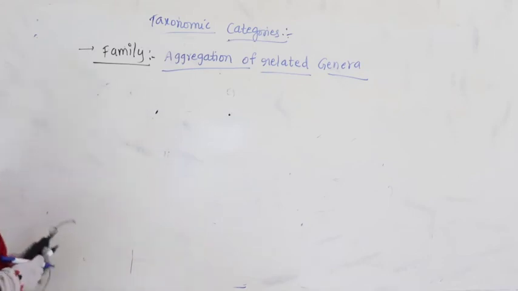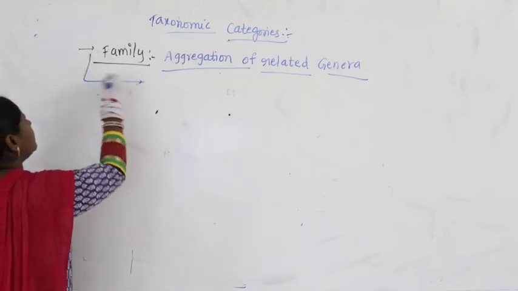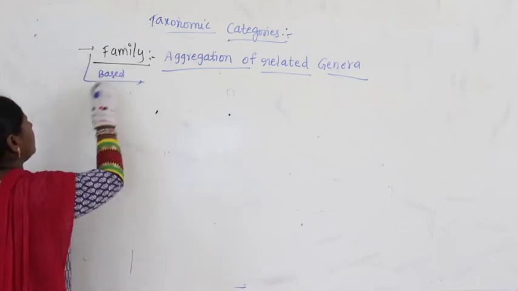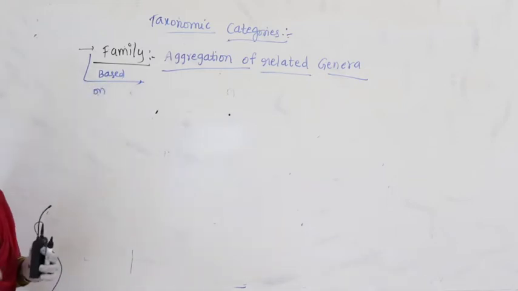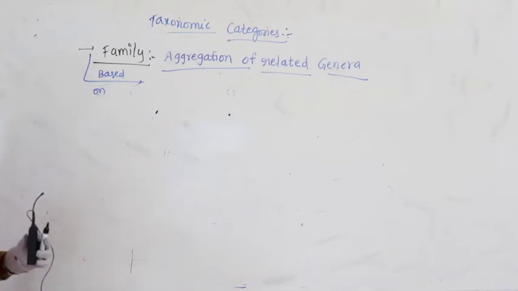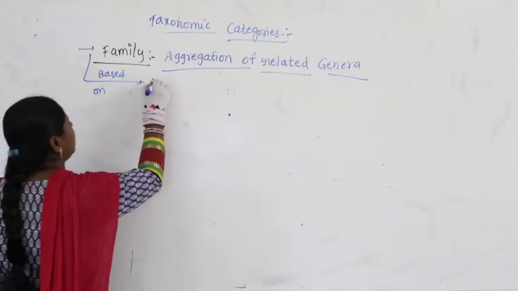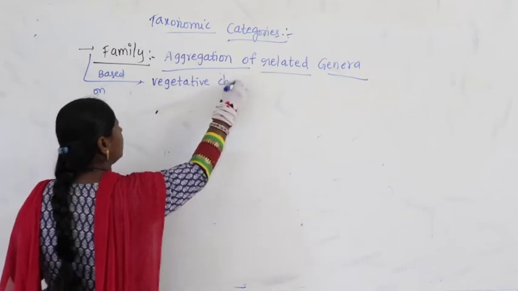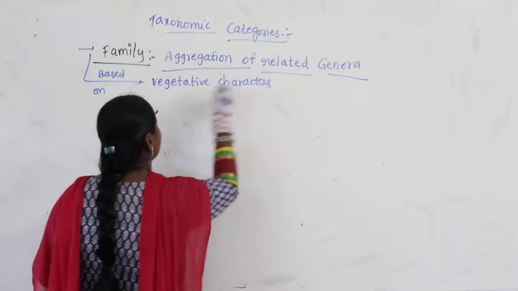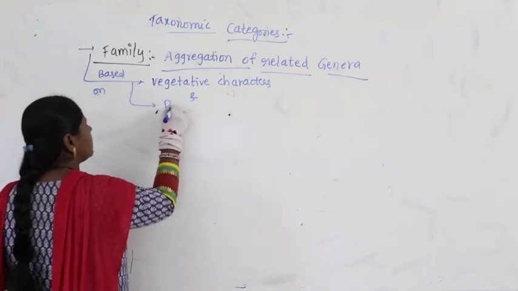In the case of family, a particular plant is placed in a particular family based on both vegetative characters and reproductive characters.